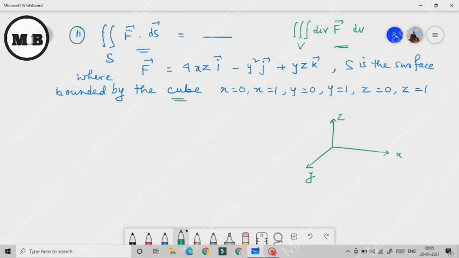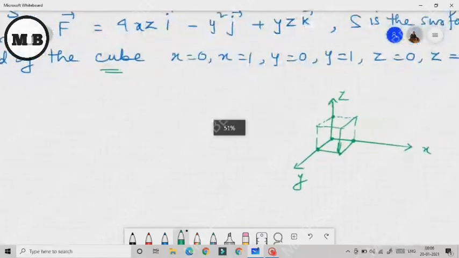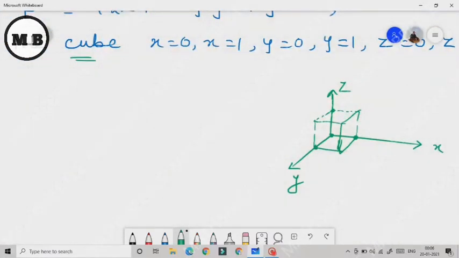So x equals 0 is this point, x equals 1 is this point, y equals 0 this one, y equals 1 this one, z equals 0, z equals 1. Ultimately you will have something like this cube. This is the zoomed part. I think you are getting the flavor. Okay, fine.